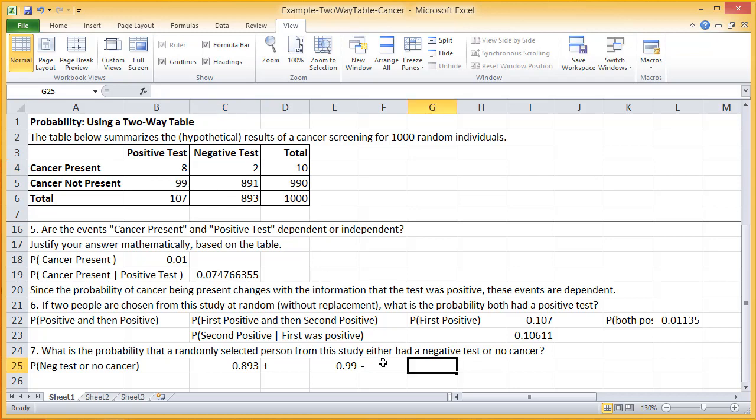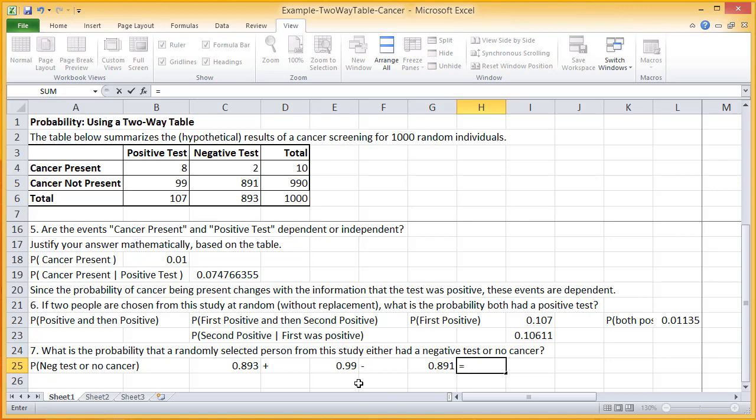So the way the addition rule says it is we add the 2 probabilities and then we subtract the overlap. In this case, the overlap is 891 out of 1,000 equals 891 divided by 1,000. And I see that we're subtracting 0.891. So I'm going to do that all together now.